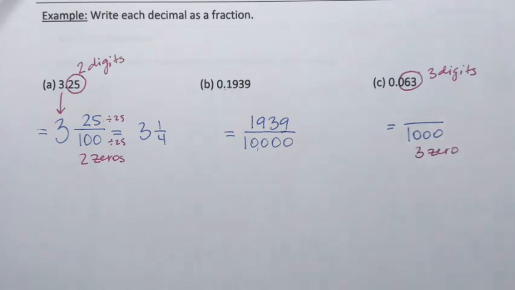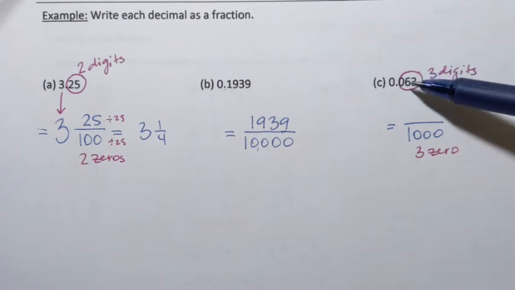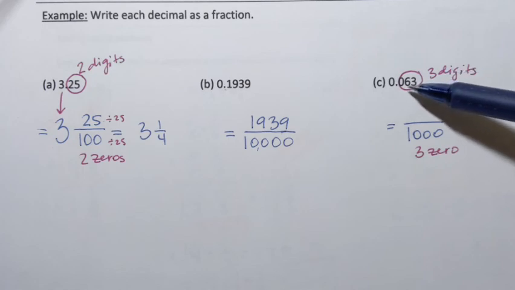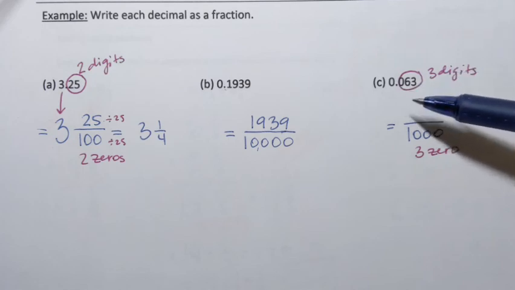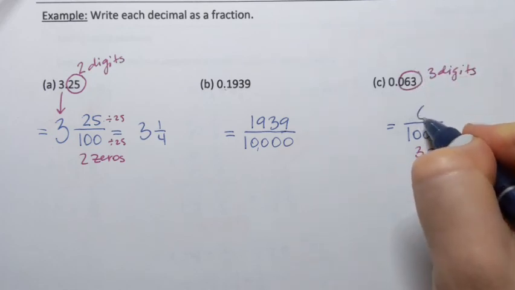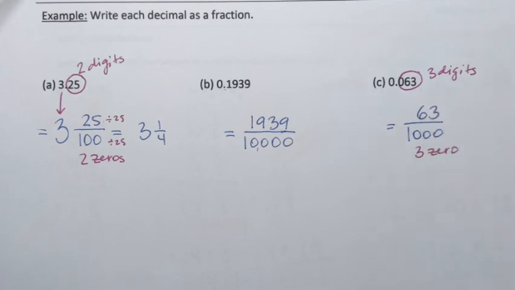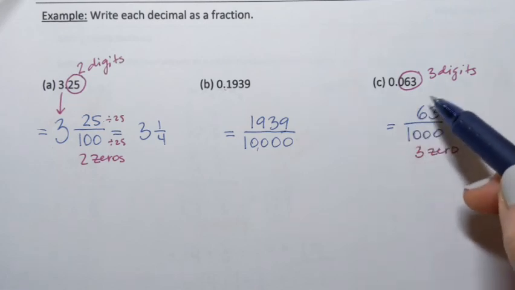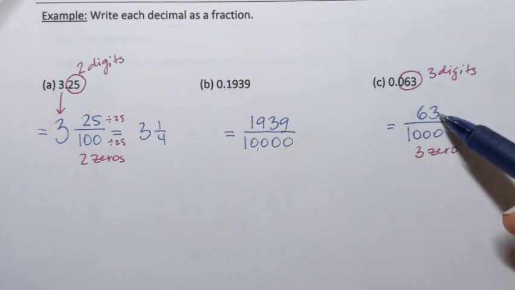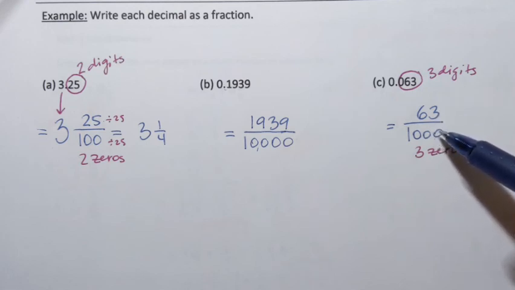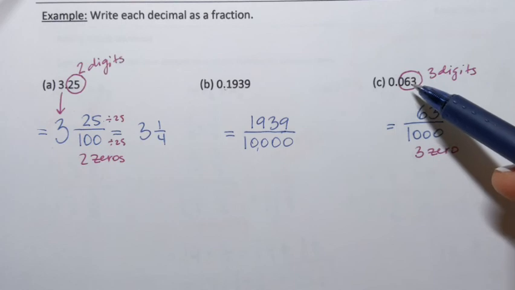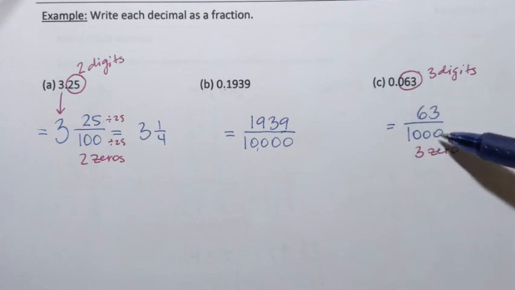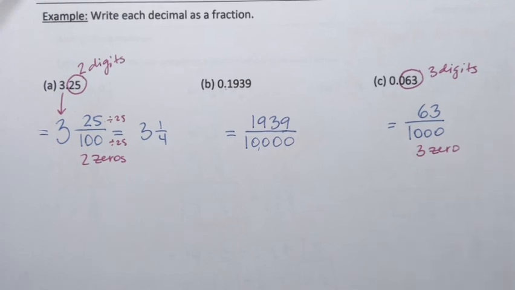So that becomes 1,000, right? And then whatever I have here, I have to place in the numerator. Well, I wouldn't say 063, right? It's just 63. So 63 has to be placed in the numerator. How do I read this fraction? It's 63 thousandths. And that's exactly how we would read this decimal, 63 thousandths. It cannot be simplified. That means that this is the final answer. So that's the way to convert decimals to fractions.